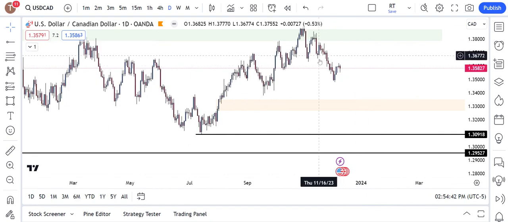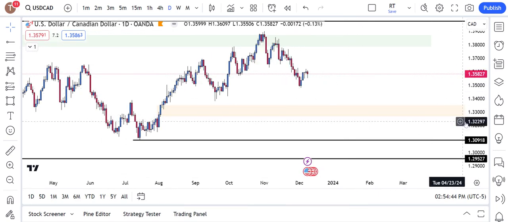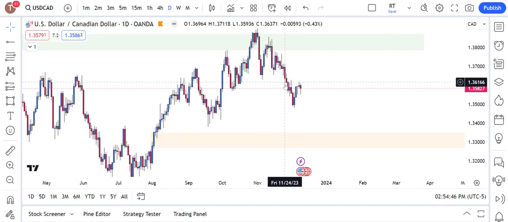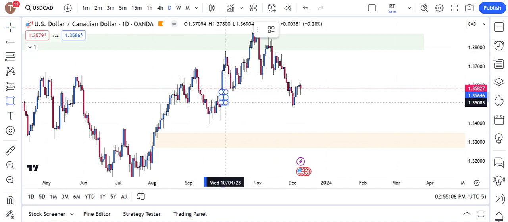All right, so now let's go to the daily. All right, so on the daily chart, price did actually that very same thing last week. These candles prior to this last week, starting with December 1st, December 4th, price did actually sell down into this fair value gap here.